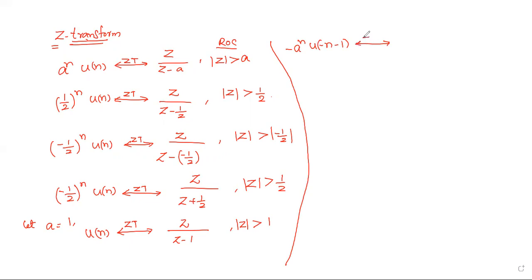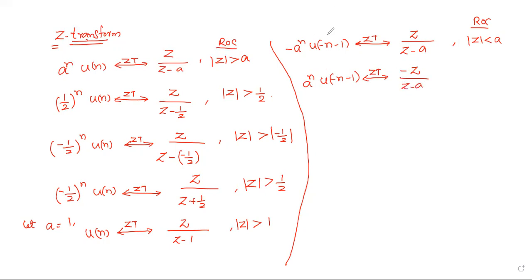The Z transform will be Z by Z minus a, where the ROC, as it is a left-sided signal, is mod Z less than a. Sir, if I send that side, that means a power n u of minus n minus 1, what will the Z transform be? Minus Z by Z minus a.